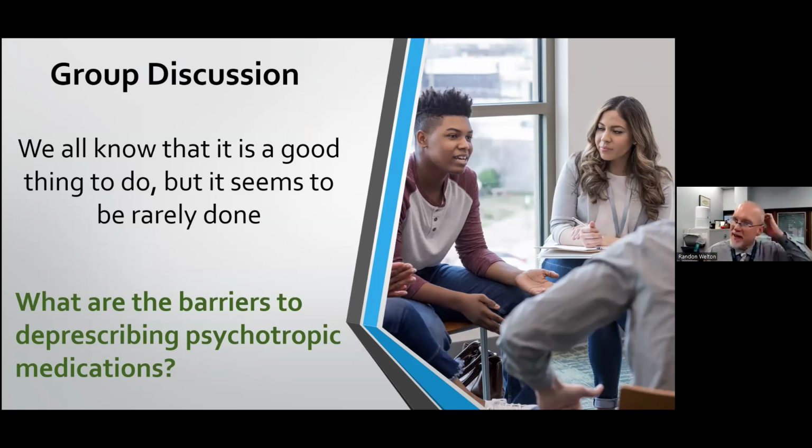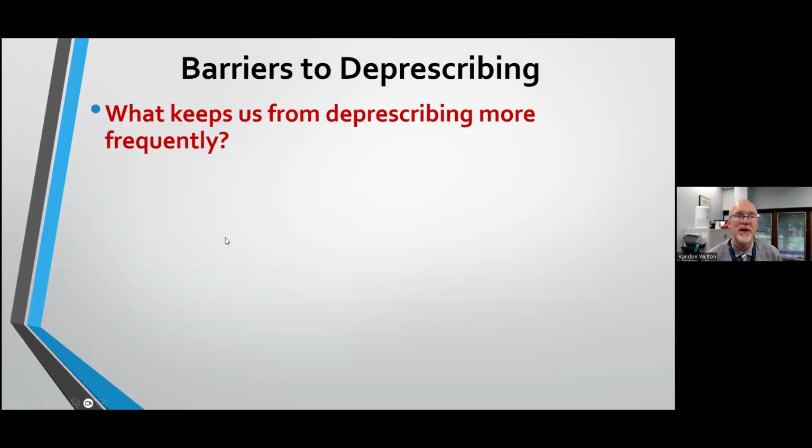We all know that makes sense, but we all know that it's really hard. It's really difficult. What are some of the barriers that keep us from deprescribing more frequently? Why is this not something we just automatically do, that we deprescribe almost as much as we prescribe? And I suspect that's true for very few of us. So what keeps us from doing that? What are the barriers here?